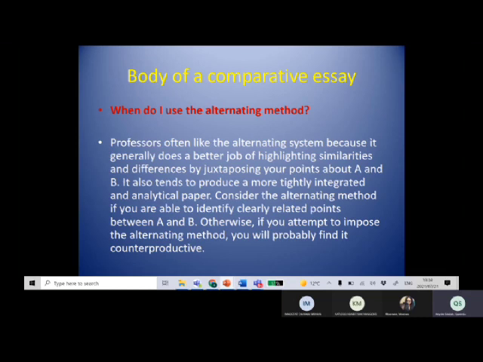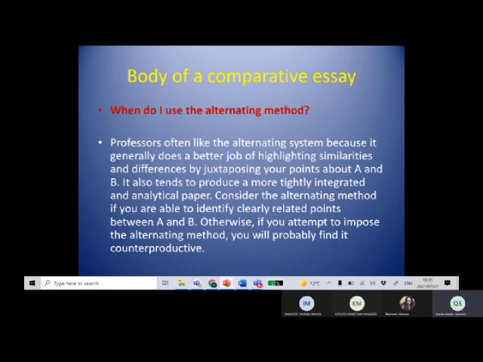It's clear because you put them next to each other. This is also my favorite method of comparison, the zigzag or alternative method, because you can immediately and clearly see the differences between the two things that you're comparing.